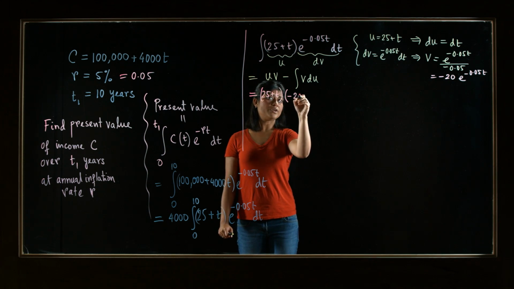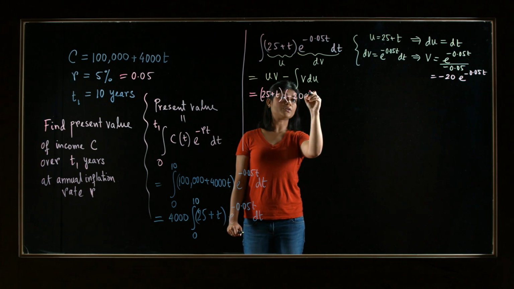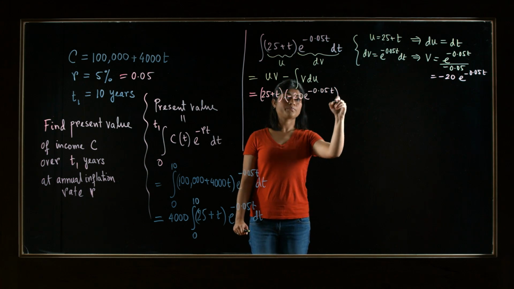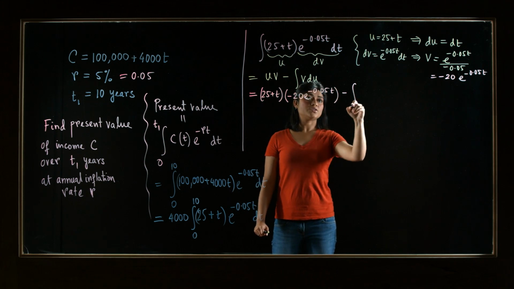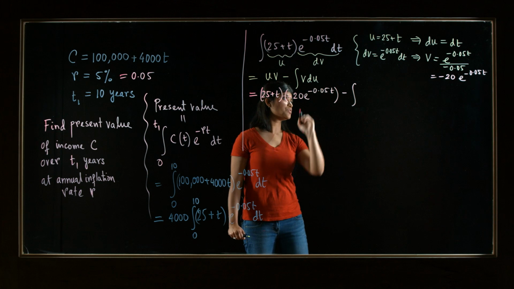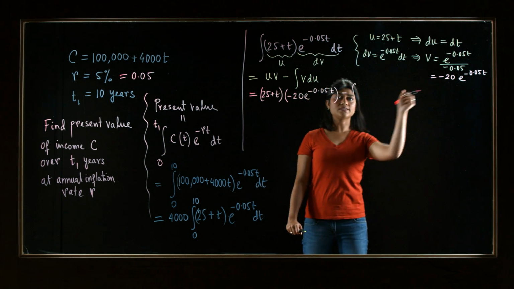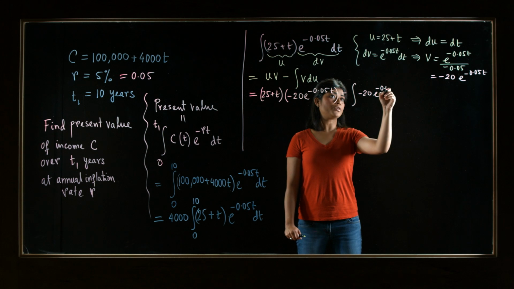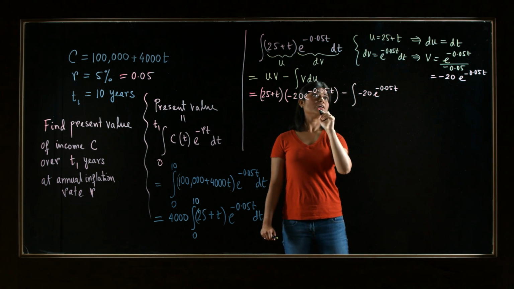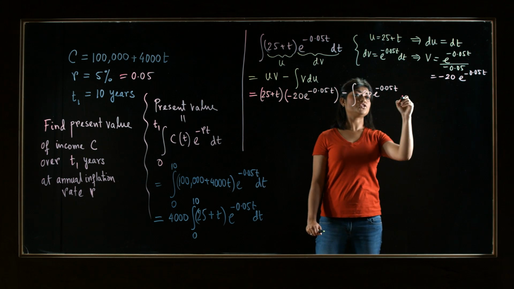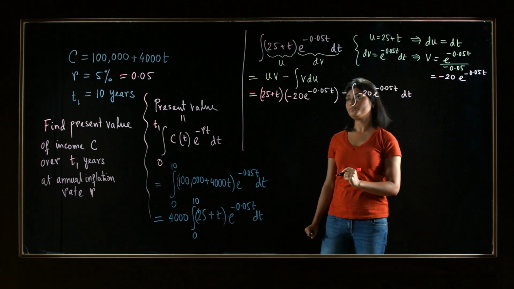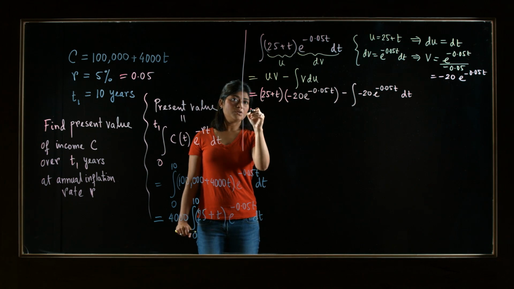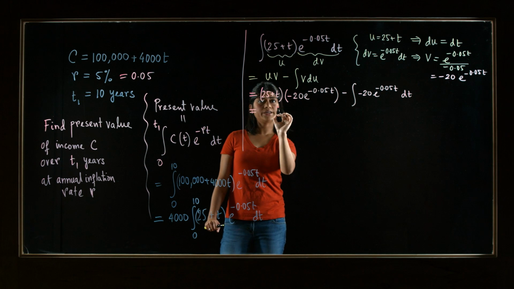So let's use this simplified form for v. So -20 e to the power -0.05 t. Then minus, you have another integral, v times du. V is again this entire thing, -20 e to the -0.05 t. And du is up here, it's just dt. So that's our setup. Now let's simplify.